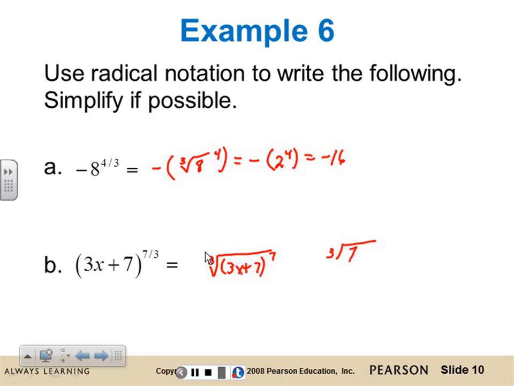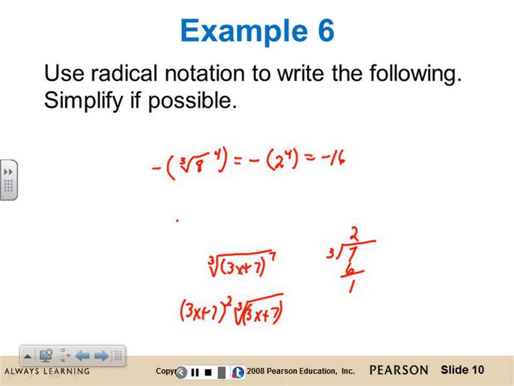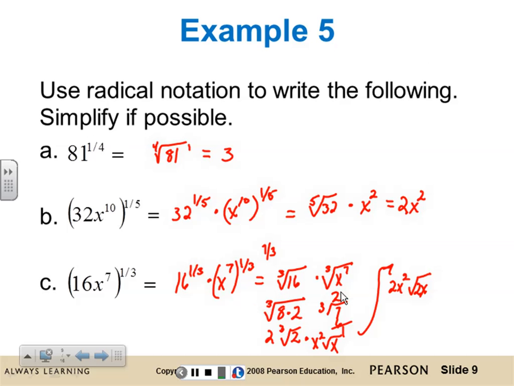You're going to do your index into your power. So 3 will go into 7 2 times with 1 left over, which means we're going to bring 2 of those binomials out, and we're going to leave 1 underneath. So basically you're just using that exact same rule that we used before.